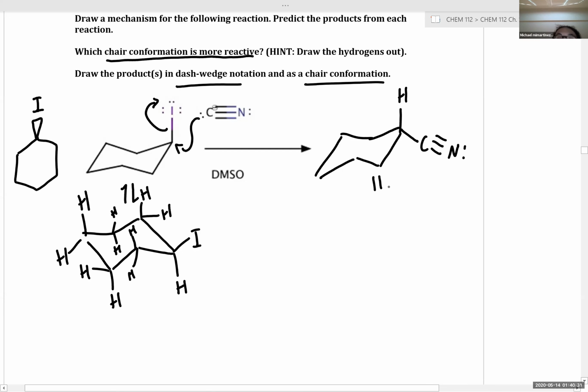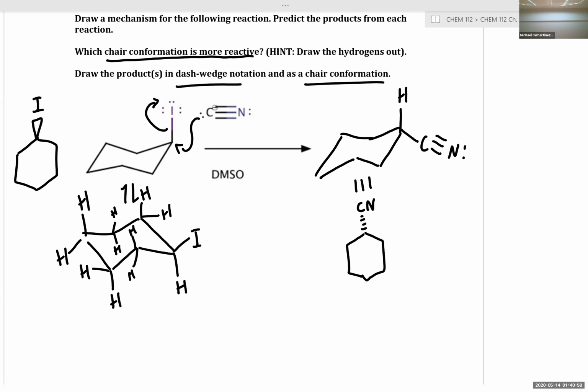This is the equivalent of the following dash wedge depiction. So as we notice, we have an inversion of configuration.